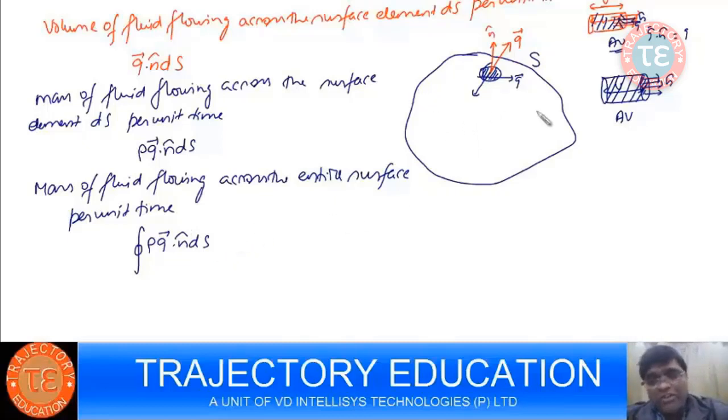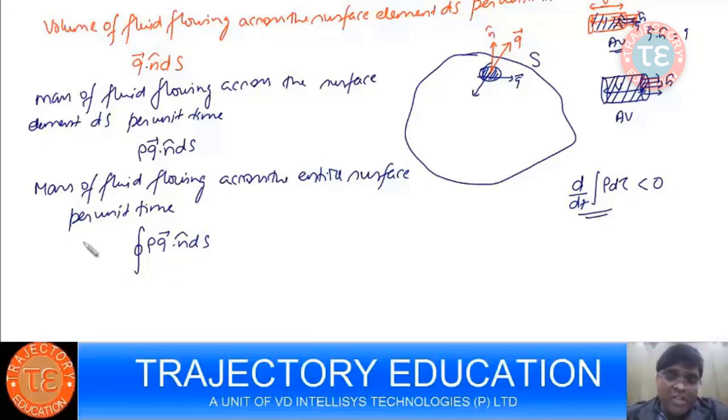What is d by dt of the mass of fluid inside? The mass of fluid inside is the integral of rho d tau. In that case this will be negative. So in magnitude, the mass of fluid flowing across the entire surface per unit time should be equal to the rate at which the mass of fluid is going down inside. In magnitude they should be equal, but opposite in sign.